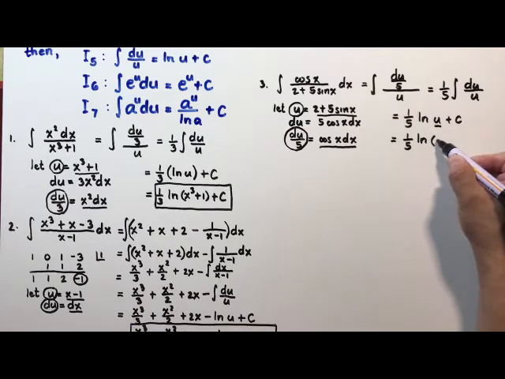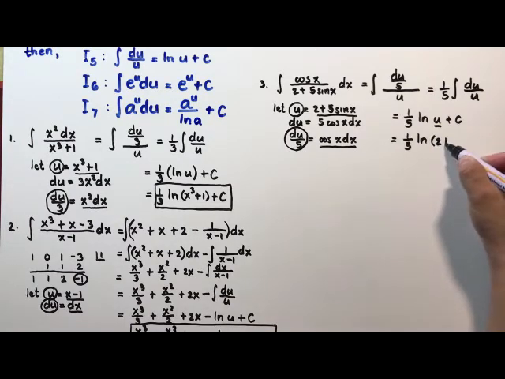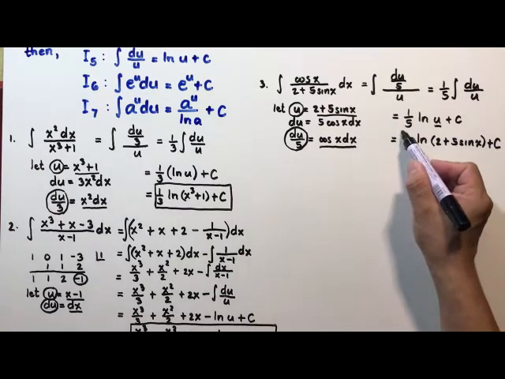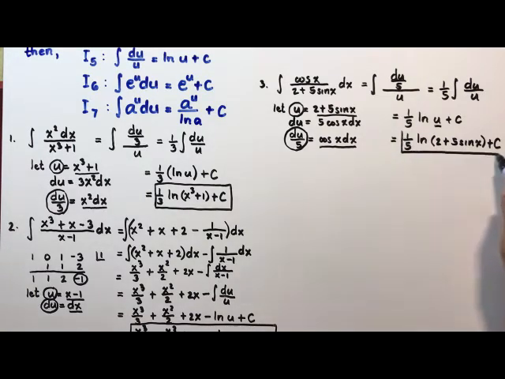So we have here the natural log of 2 plus 5 sine x plus the constant of integration c. So this is our answer for example number 3 here.